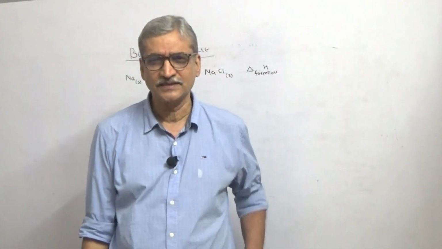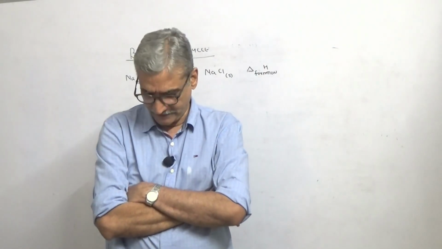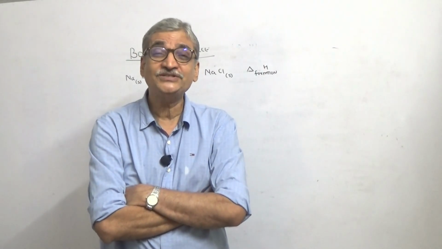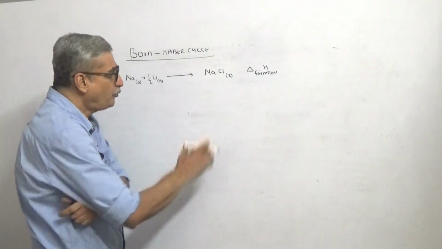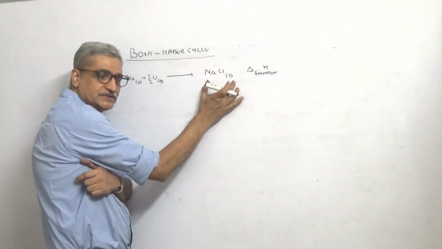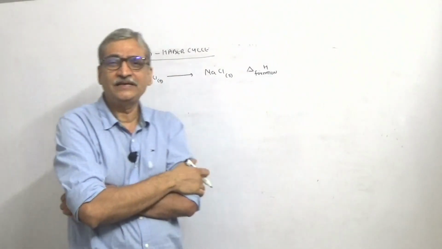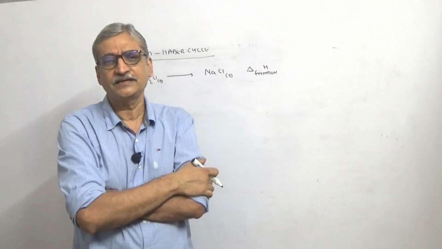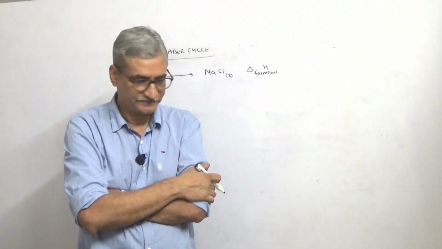I'll again repeat. The enthalpy of formation of a substance is defined as the enthalpy change when 1 mole of a substance is formed from the elements in the standard state. So sodium element, at room temperature, is solid, chlorine is gas, sodium chloride is solid.